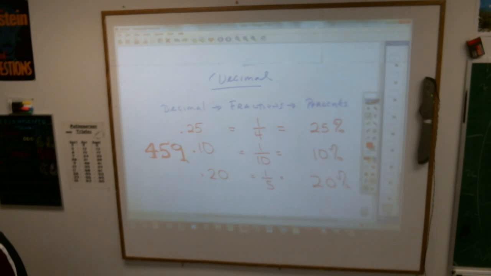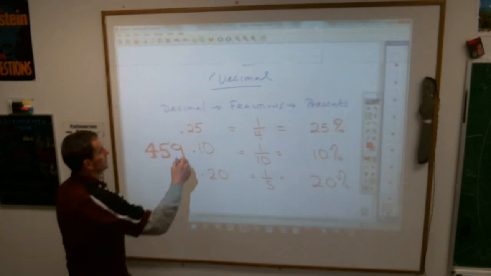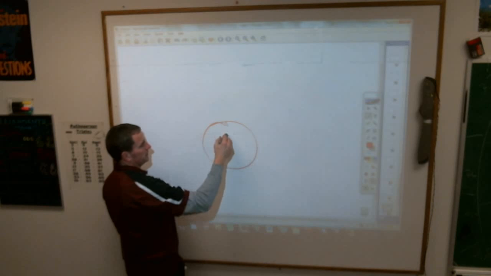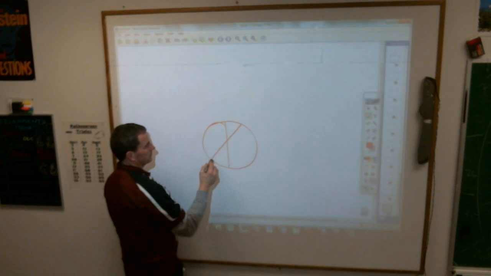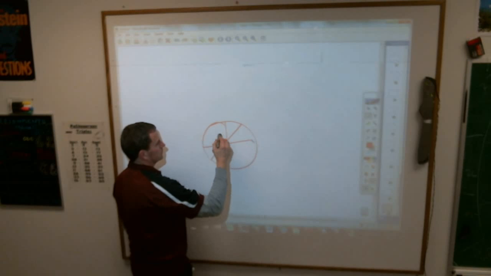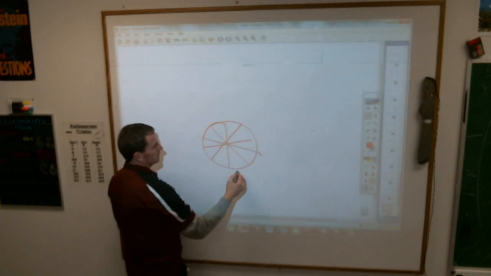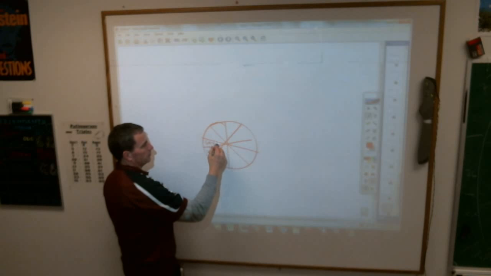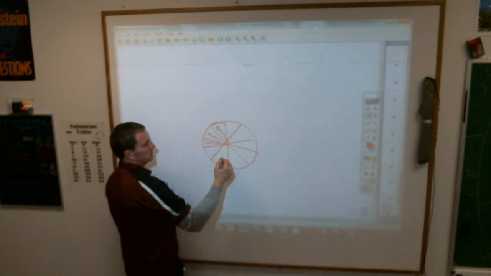If you put 3 1/10ths together, what fraction of a circle do you have? You can think about this in your head. You cut a circle into 10 pieces, and you put 3 of them together.